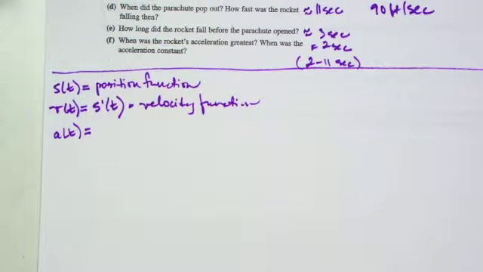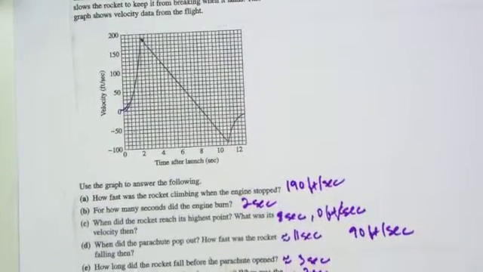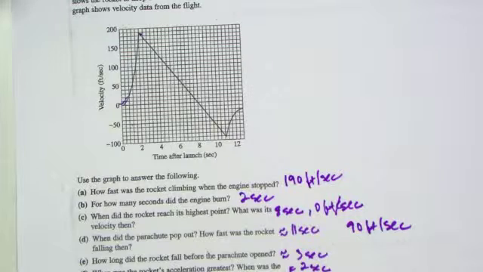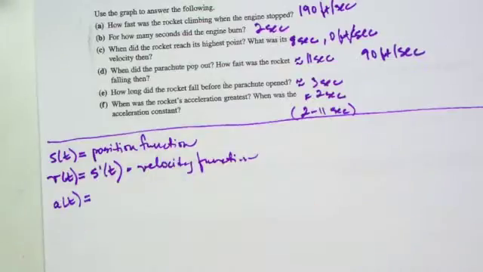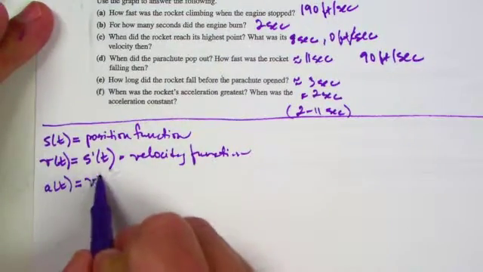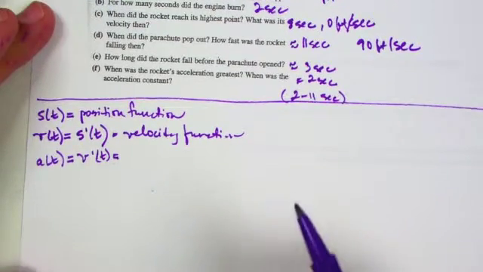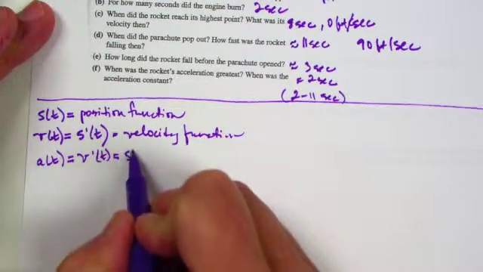So a of t is going to represent, what do you think? Acceleration. And tell me how acceleration is related to velocity. It is its derivative, right? Because acceleration would be the rate of change in your velocity. So a of t will be equal to v prime of t, which I heard somebody say is s double prime of t.